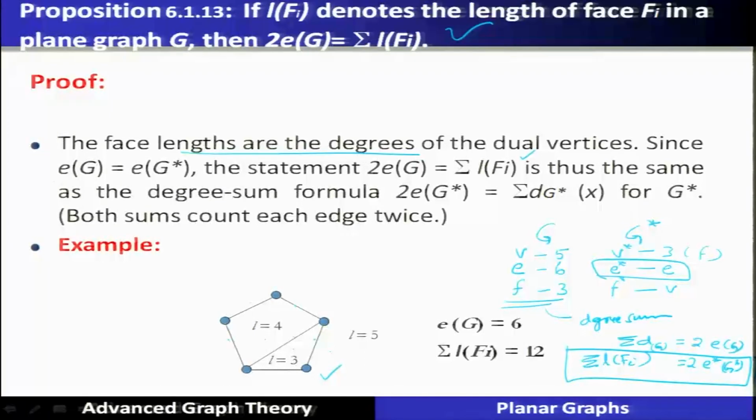Since E of G is the same as E of G star, the statement that 2 times the number of edges, which we have seen in the previous one, is nothing but the summation of the lengths of all the faces, is twice the number of edges that we have seen.